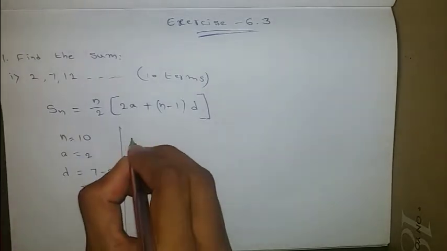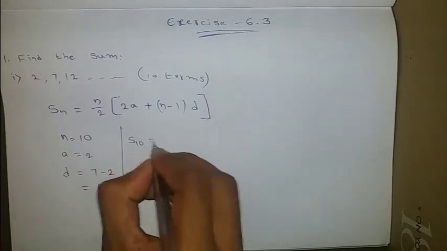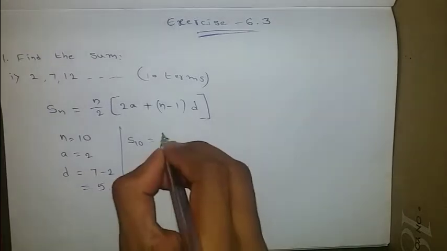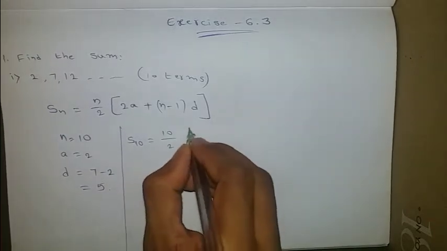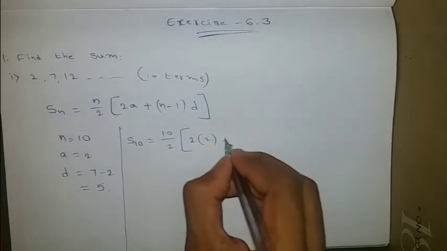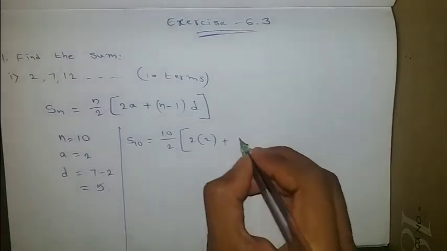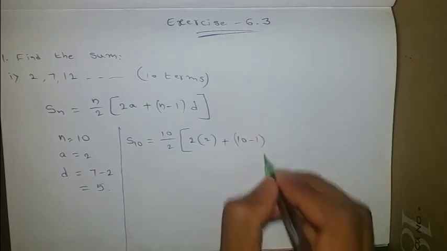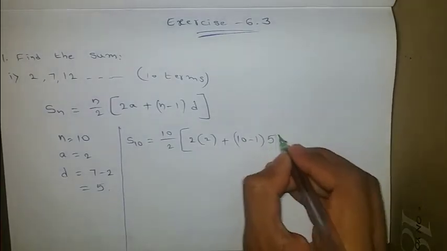So the sum of the first 10 terms is equal to n by 2, that is 10 by 2, into 2 into a value, 2, plus n minus 1, that is 10 minus 1, into d, the common difference 5.